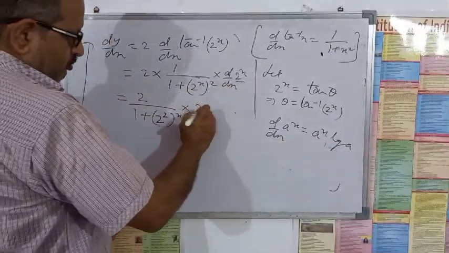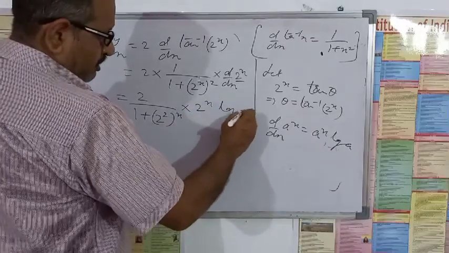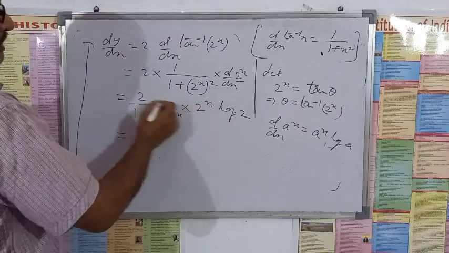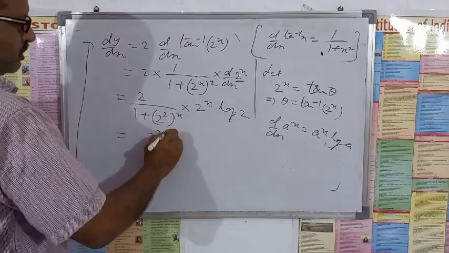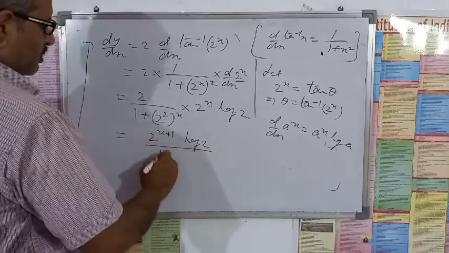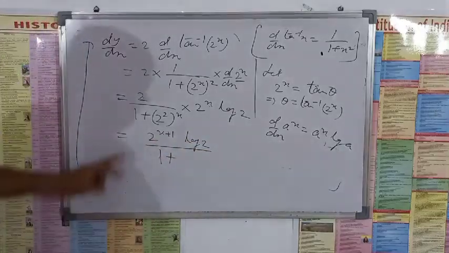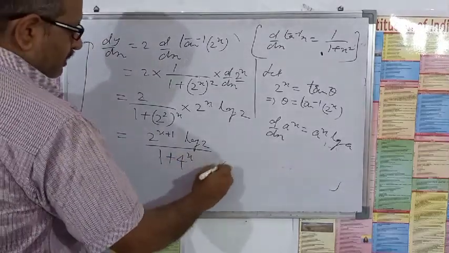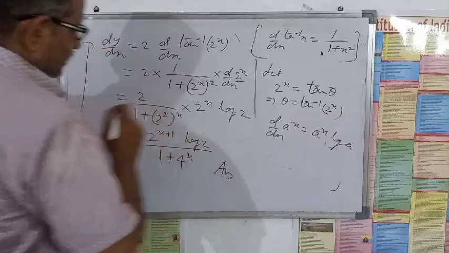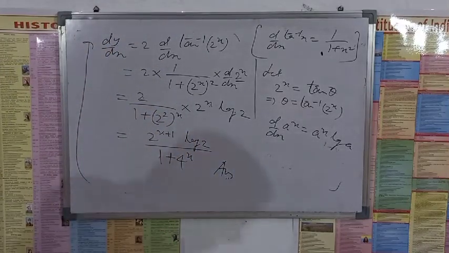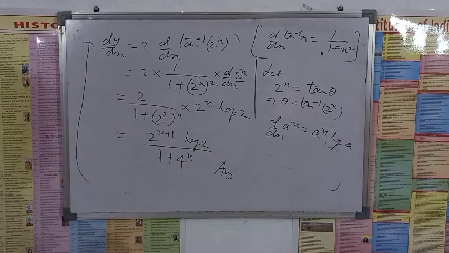So here it will be 2 to the power x log 2. 2 to the power x into 2 will be 2 to the power x plus 1, log 2 upon 1 plus 2 square is 4, so 4 to the power x. This is the derivative. This is the answer. It was question number 16.